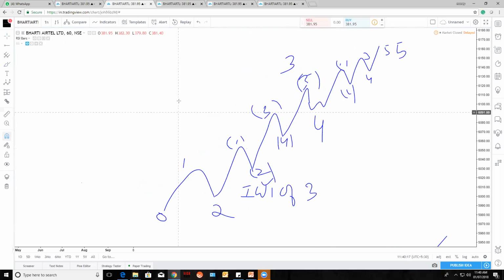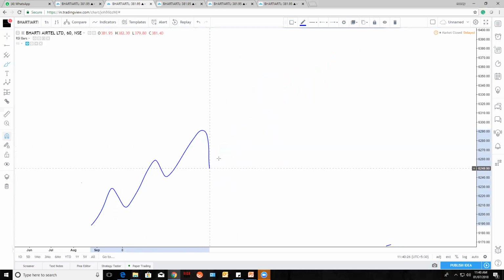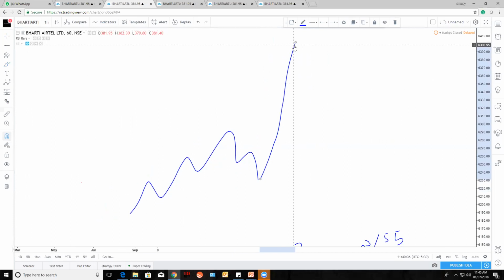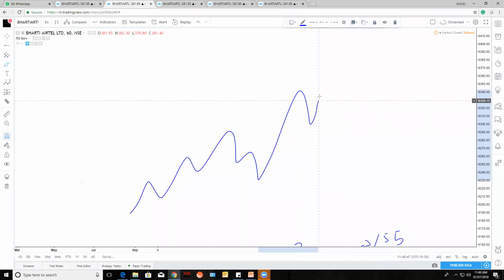That is an extension. What I mean, let's say one is an extended wave here, 1, 2, 3, 4, 5. It is one complete wave. After that, a correction. Let's say the third wave moved like this, a straight line. After a correction, the fifth wave moved like this and finished here.